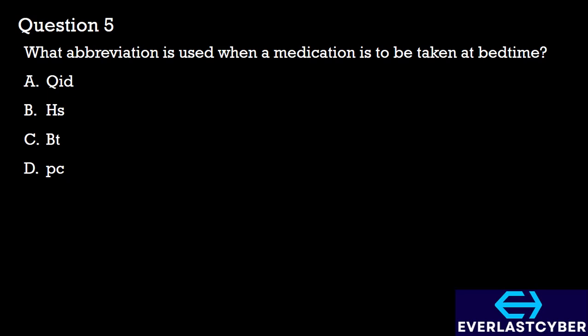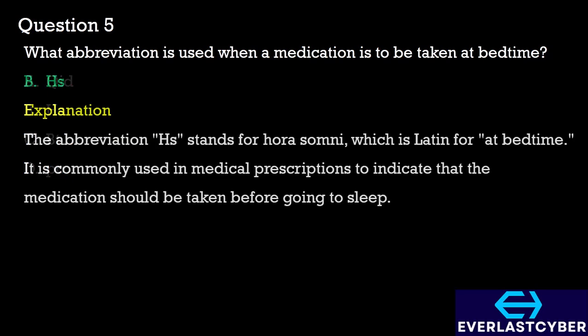So it is commonly used in medical prescriptions to indicate that the medication should be taken just before going to sleep. BT is not a standard medical abbreviation, and PC stands for post cibum, which means after meals. So the abbreviation for when a medication is to be taken at bedtime is option B, HS.